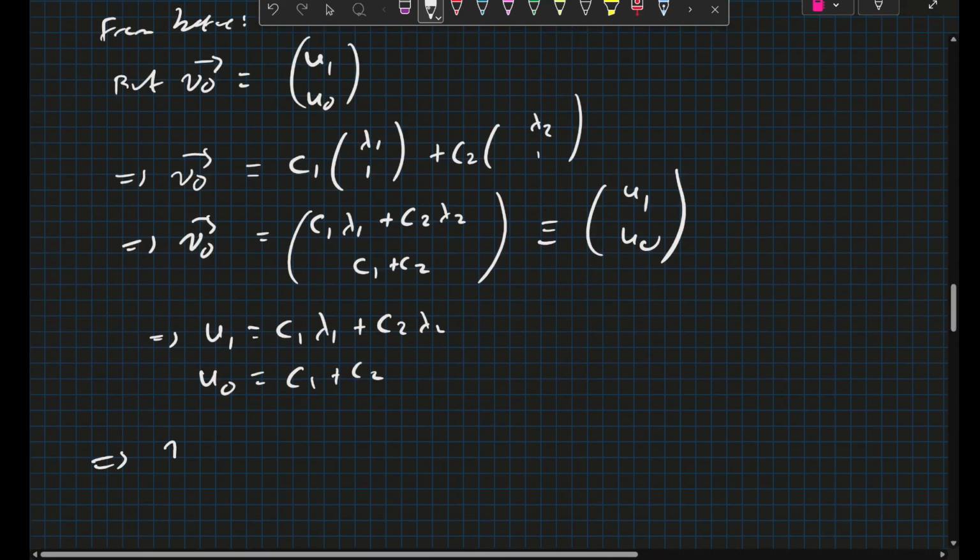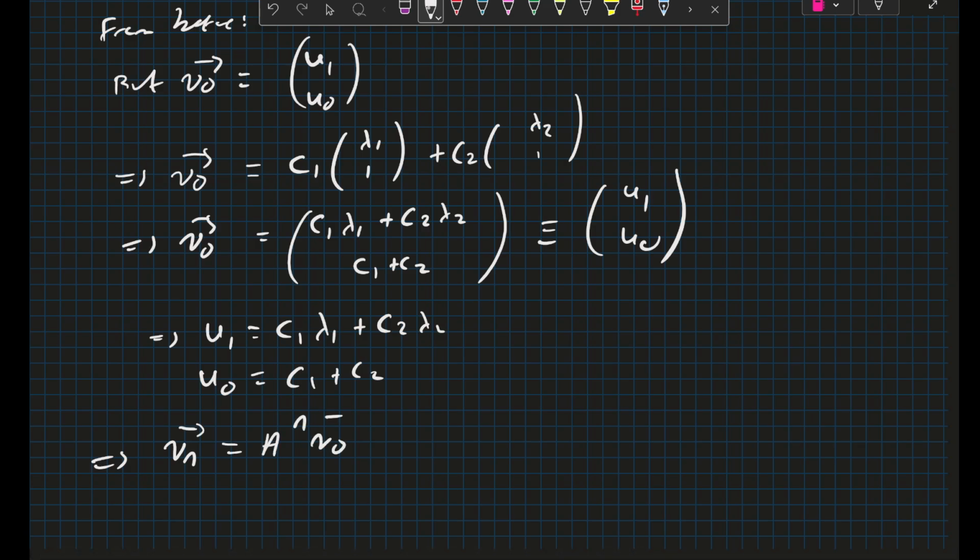So Vn is still A to the n V0, but we can now replace V0 with, it'll be A to the n times c1 times the corresponding eigenvector plus c2 times, again, its corresponding eigenvector.